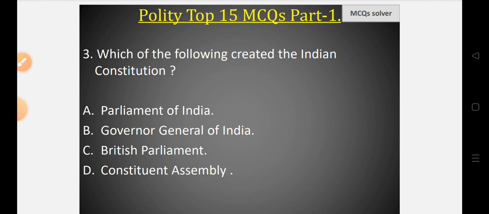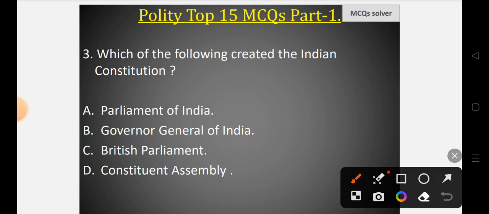So when India was about to get independence, there was a Constituent Assembly which was formed to create the Indian Constitution, to enact the Indian Constitution.